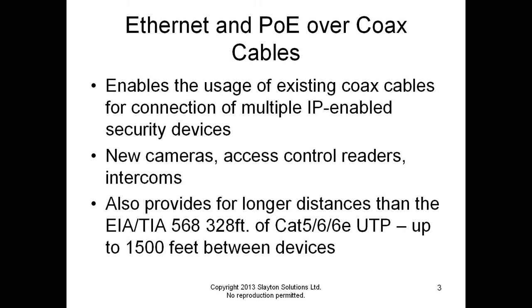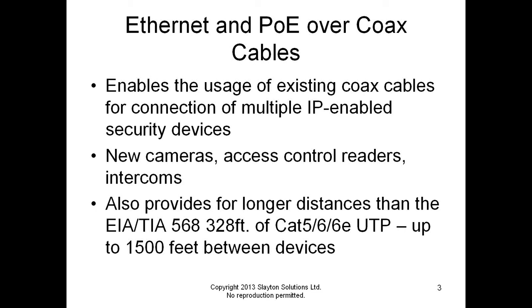Where there is one camera, now we can connect up an IP camera. We could also hook up an access control reader or an intercom system, all running through the very same coax cable that you or somebody else installed 2 years ago or 15 years ago.